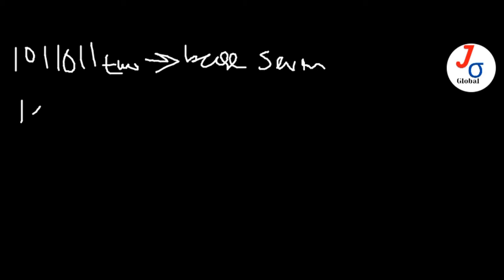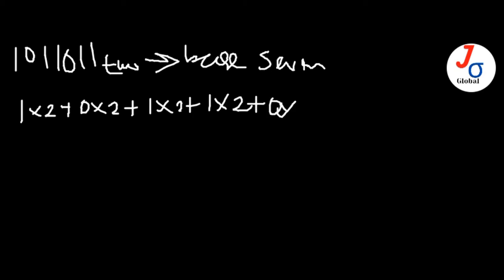So I have 1 multiplied by the base 2, plus 0 multiplied by the base 2, plus 1 multiplied by the base 2, plus 1 multiplied by the base 2, plus 0 multiplied by the base 2, plus 1 multiplied by the base 2, and plus 1 multiplied by the base 2.